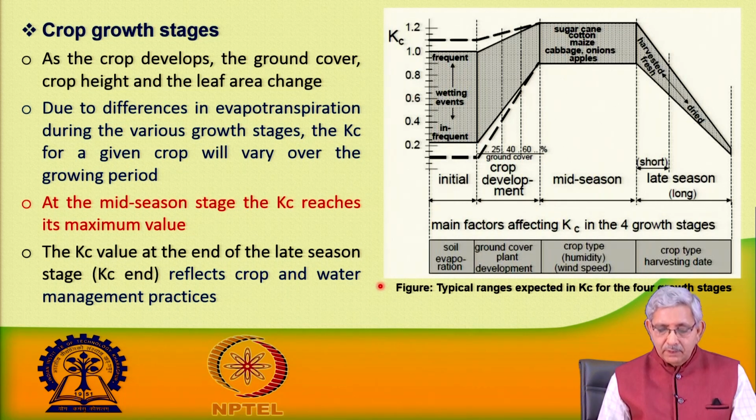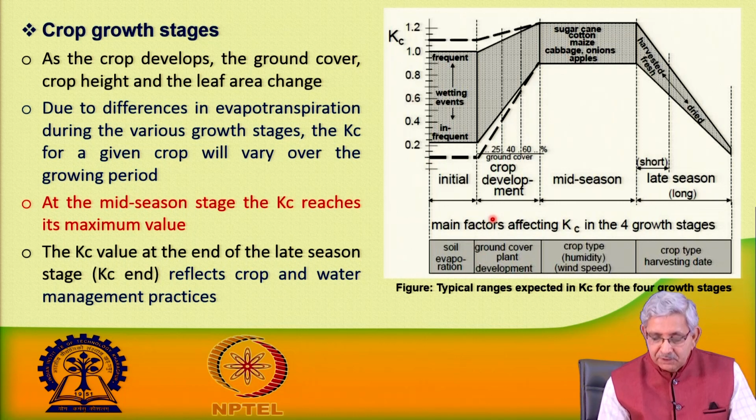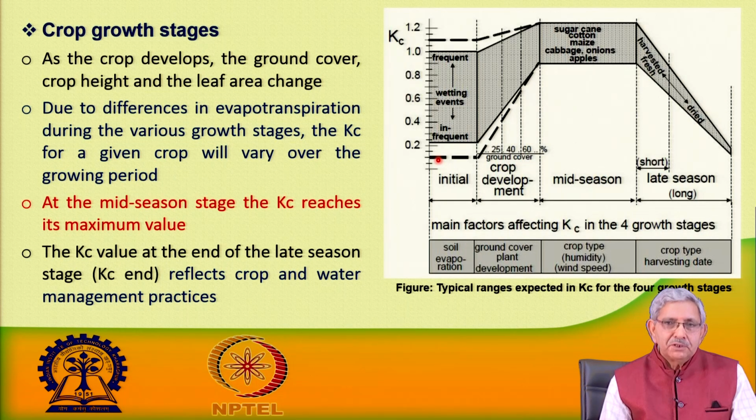Now, let us see another aspect of the crop coefficient. Just now I told you about the crop at the initial stage: a few weeks, when the crop has just emerged and leaves have emerged. This stage is called the initial stage.